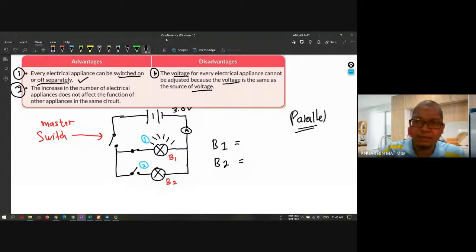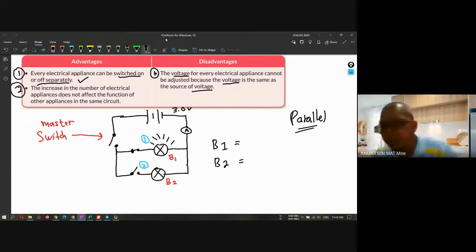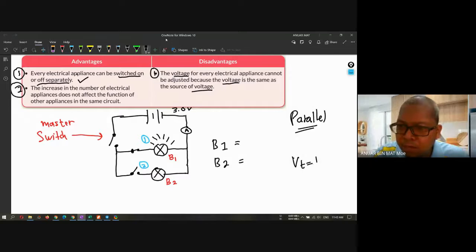According to the textbook, V total equals V1, not plus. Plus or equal, class? Equal, yes, V2.